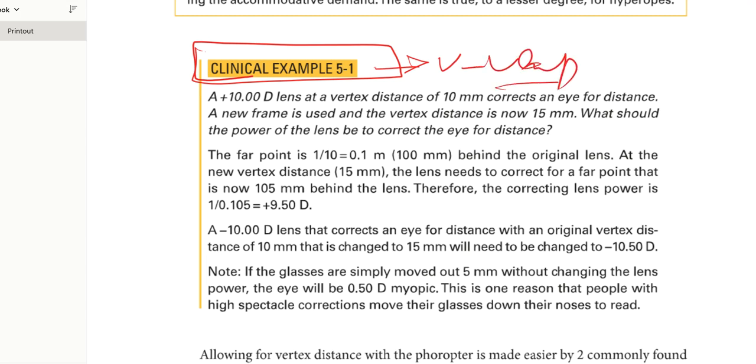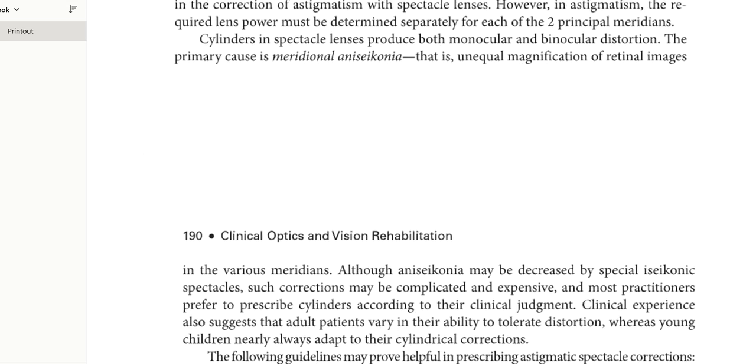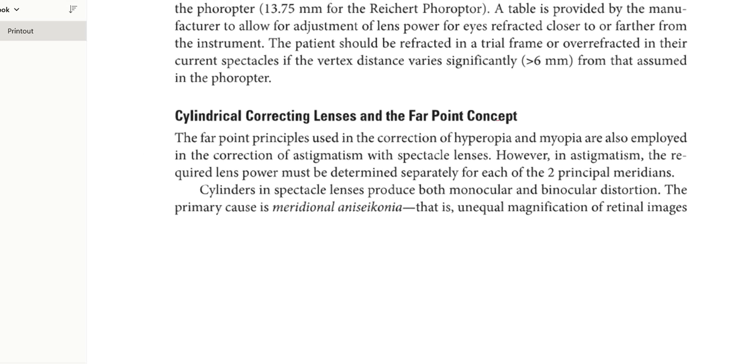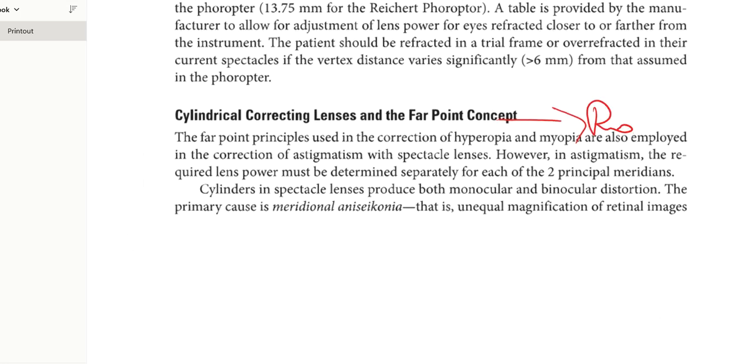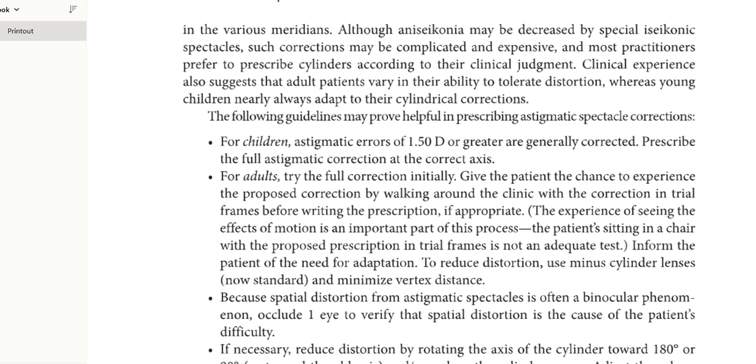Each clinical example, please solve them. Only a read for this to get the concepts. But this is very important.